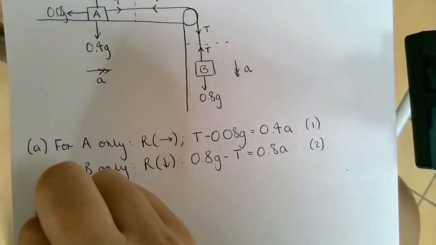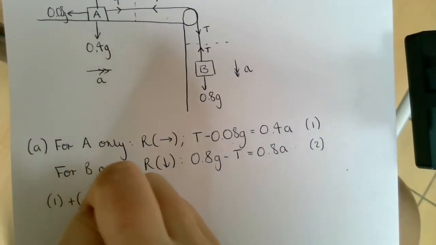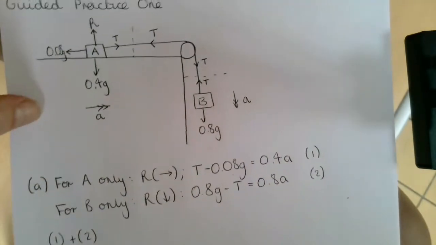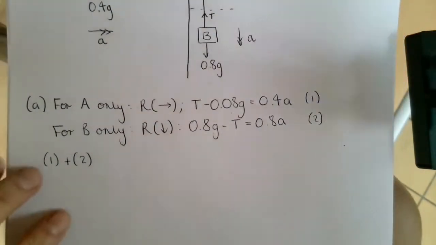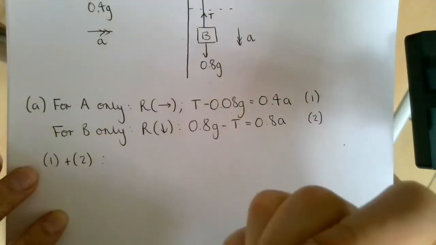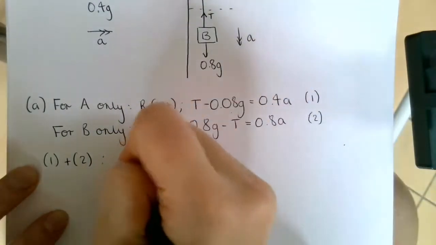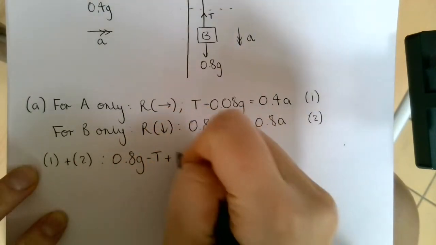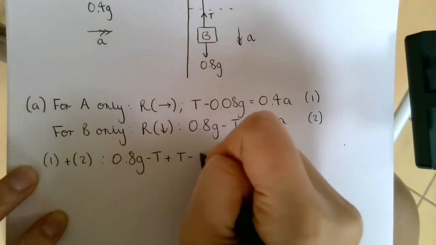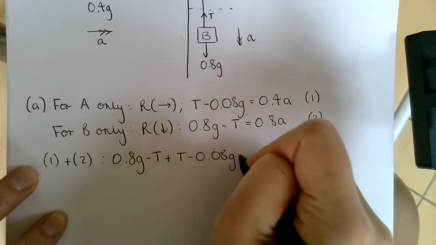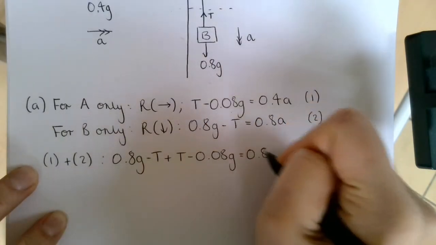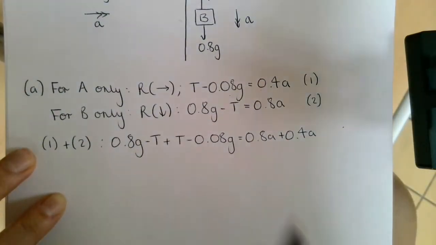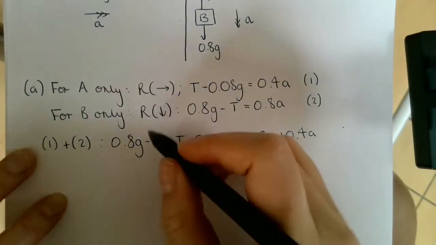We're going to do 1 plus 2 to cancel our tension variable. So if we do 1 plus 2, we get 0.8 g subtract T plus T subtract 0.08 g is equal to 0.8a plus 0.4a.